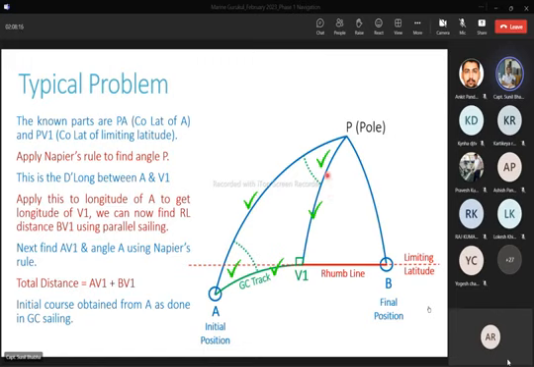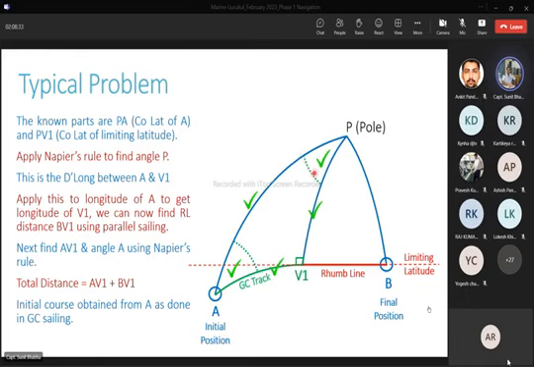So if in any of the questions the middle angle P comes to be negative, remember in those questions we were calculating the complete angle P, which was the D long between initial and final positions.